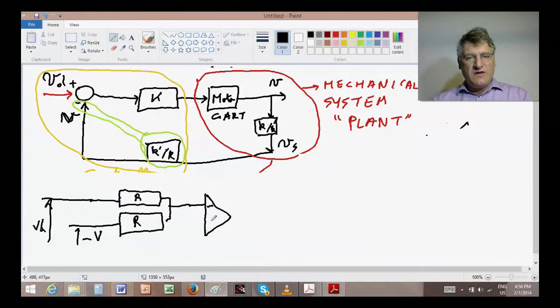I connect the other end to the ground, and what I will do here is I will make an adjustable resistance.